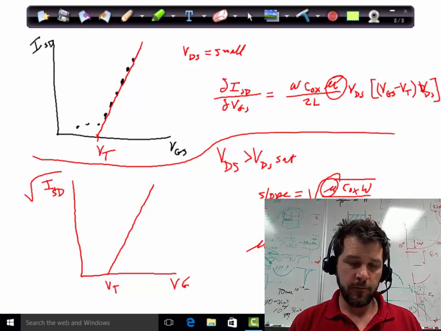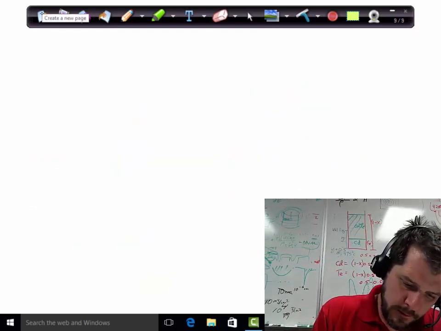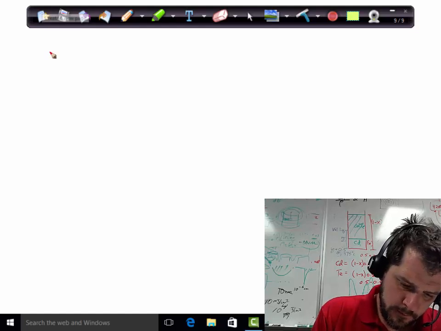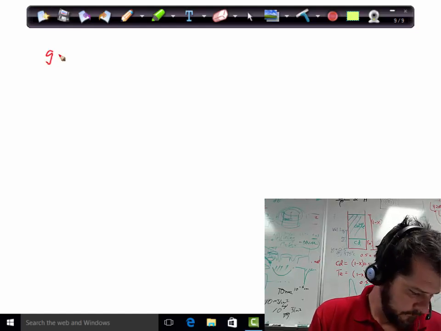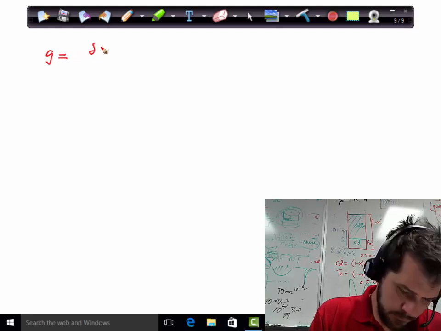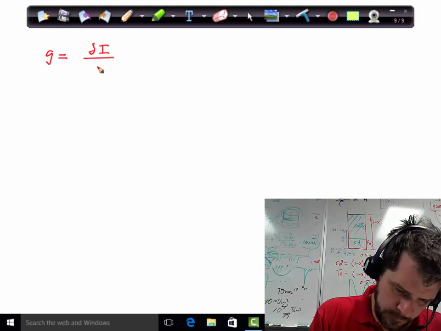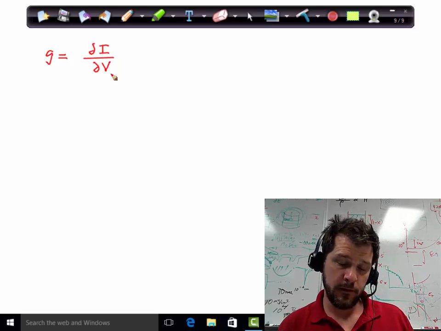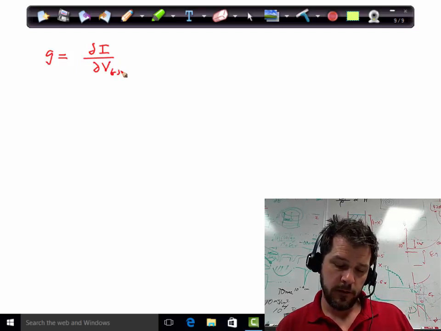Okay, so let's look at two other definitions. So the transconductance G, this is dI versus dVGS, the slope that we were just looking at.